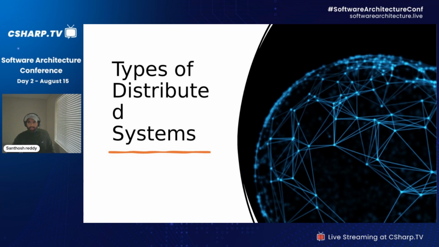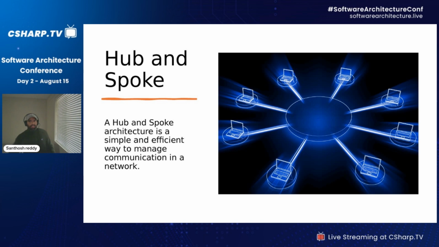So let's look at some of the types of distributed systems. There are multiple, but I've captured the most used ones here. There's something called the hub and spoke architecture. It's a very simple and efficient way to manage communication in a network, because there will be a central hub, and all the communication happens via the central hub.